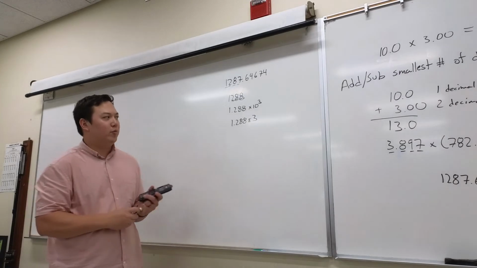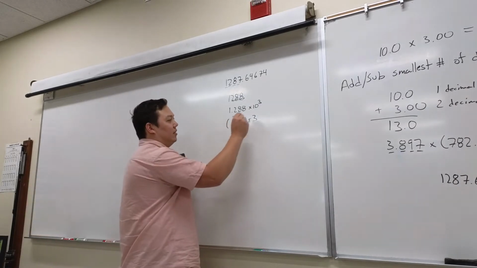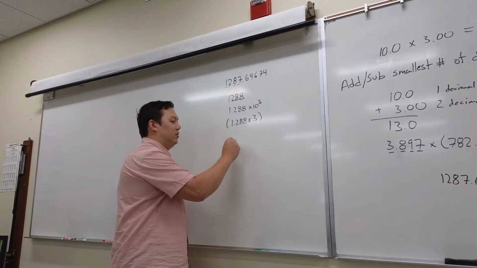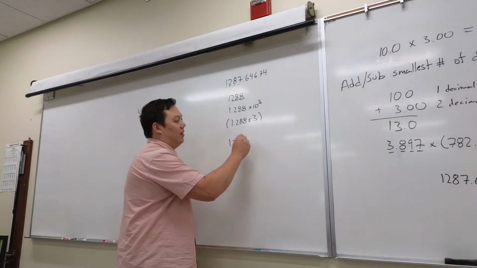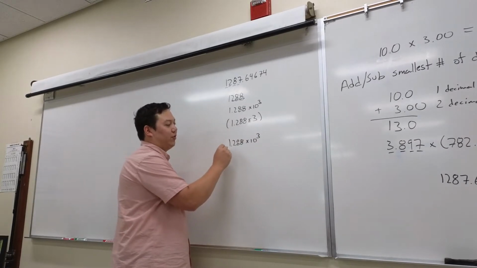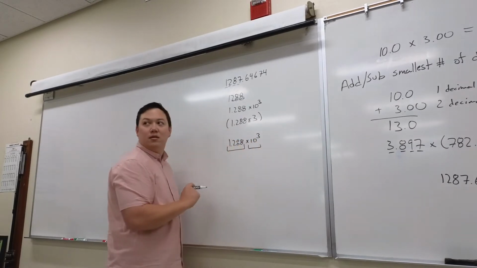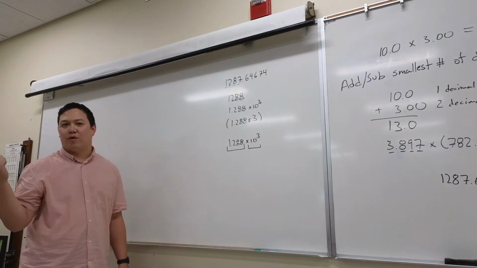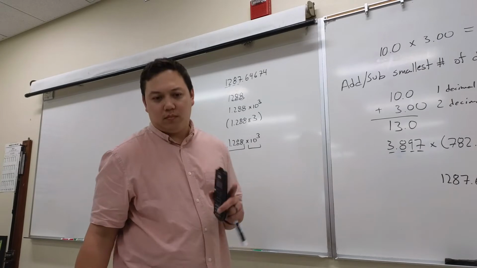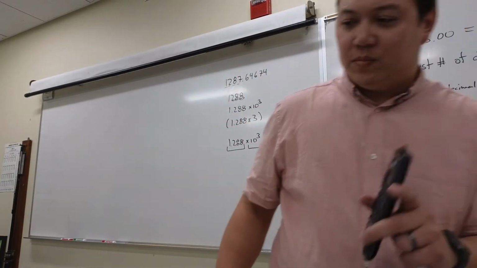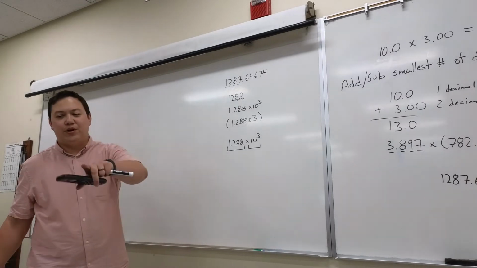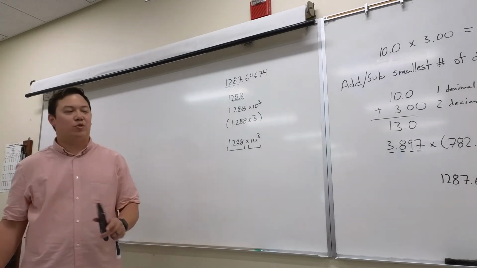It's also useful because your calculator will treat this as a single number, whereas if you type in 1.288 times 10 raised to the 3rd, it's treating these as separate numbers, so you can get some order of operation errors. Okay, so that's a quick one on that. I don't think actually on the unit conversion, your unit analysis worksheet, there are any addition or subtraction problems.